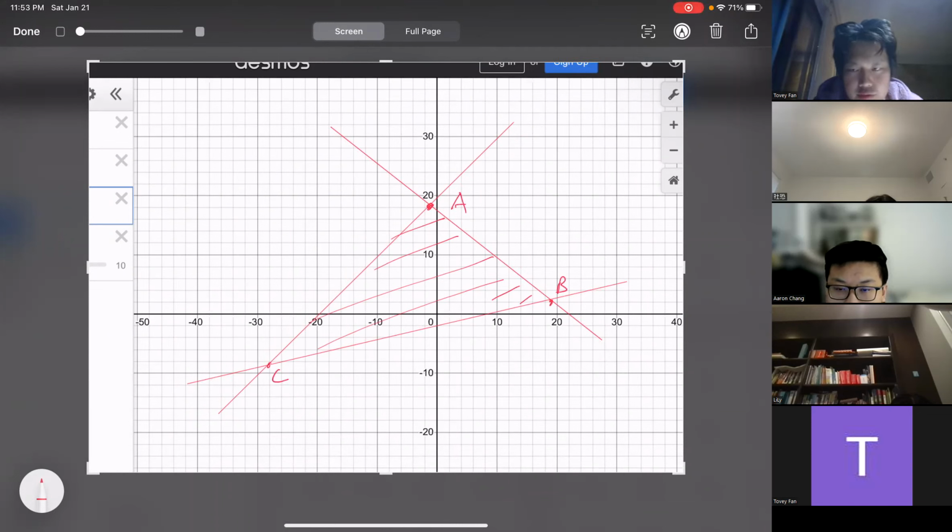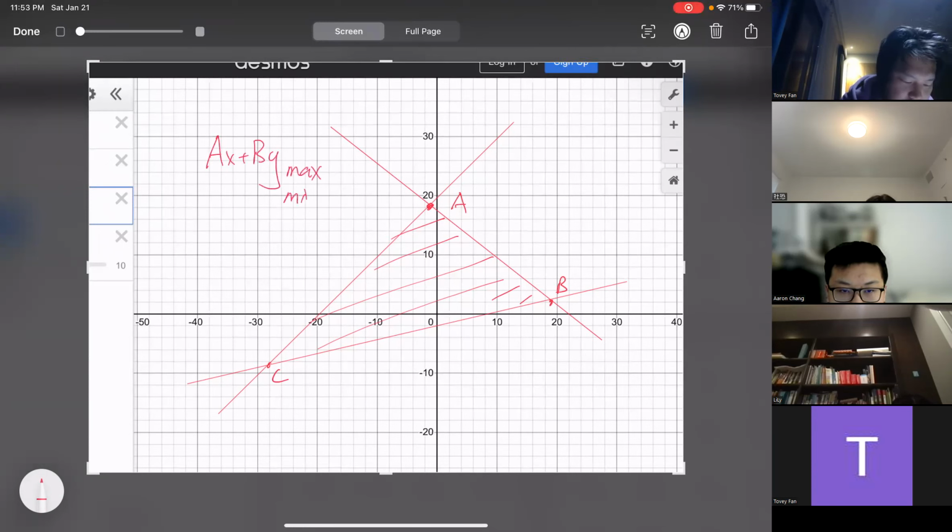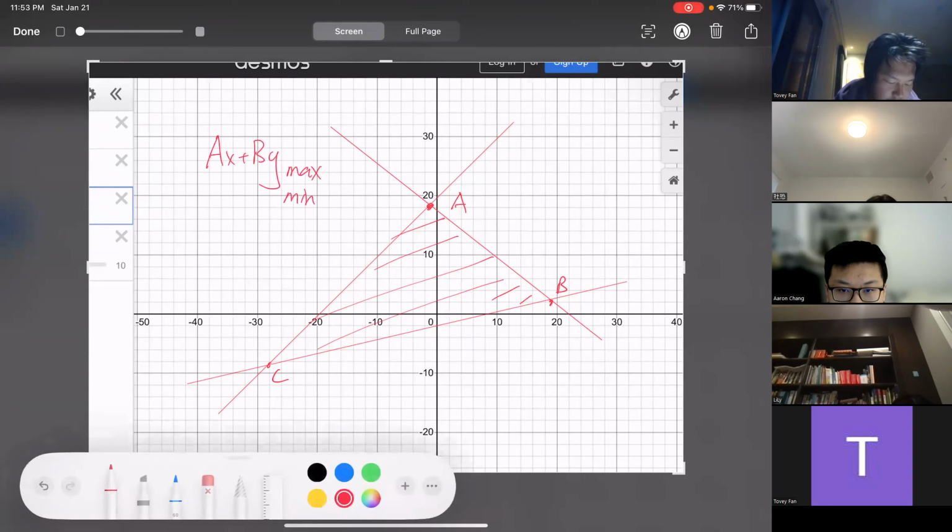Now the question usually asks you to find out the maximum or minimum value of some linear equations, right? Say some ax plus by, and you're gonna find out the maximum value of it or minimum value of it, correct?